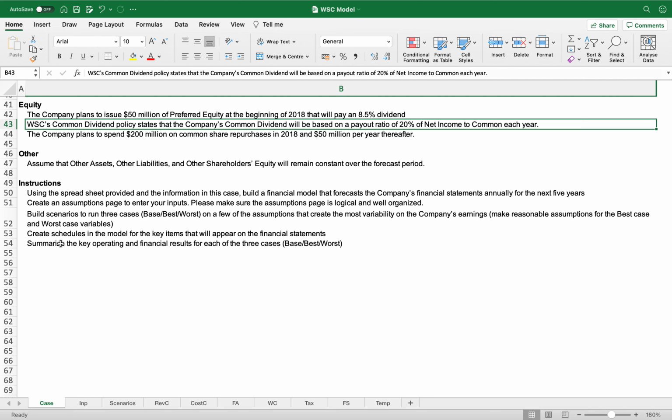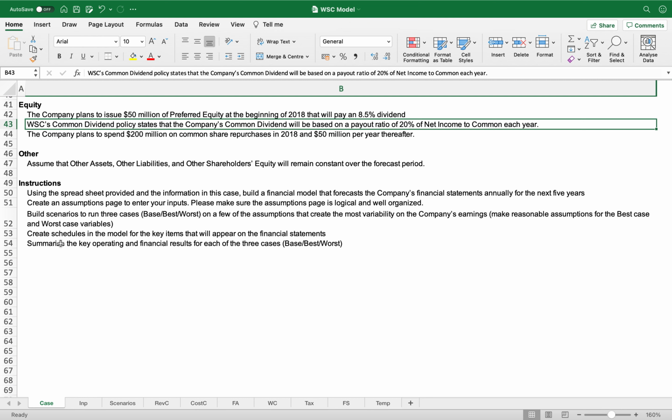What do we mean by common share repurchases? This is nothing but your share buyback. So what happens? Sometimes when the company has excess cash in hand, the company purchases its own shares from the market. This helps the company to retain the control.